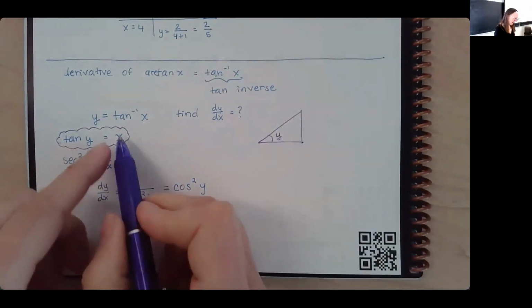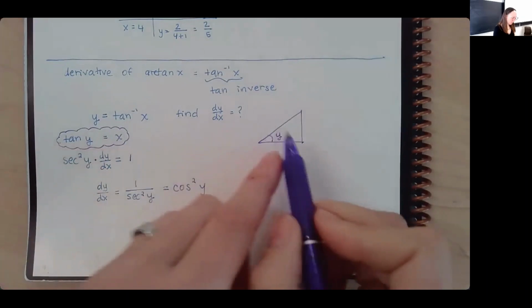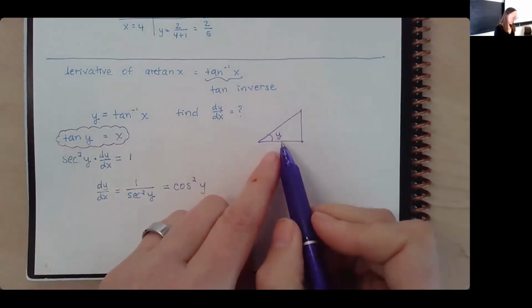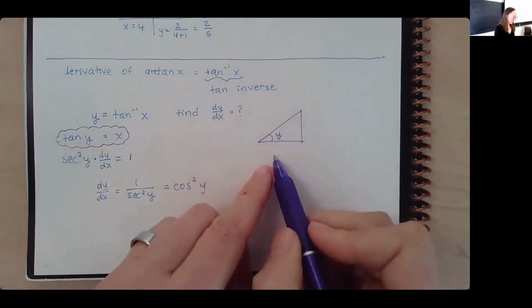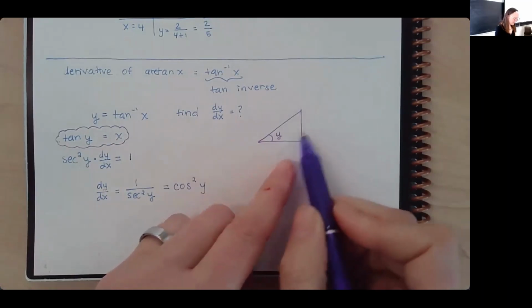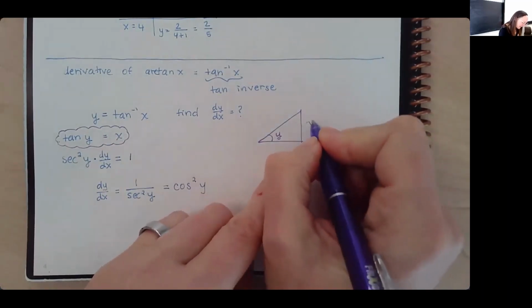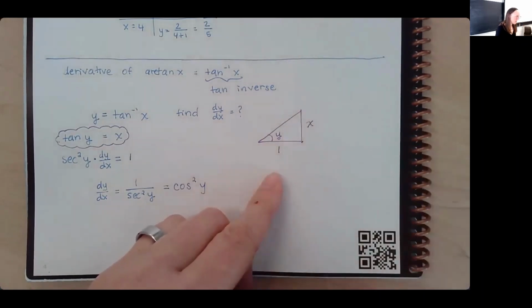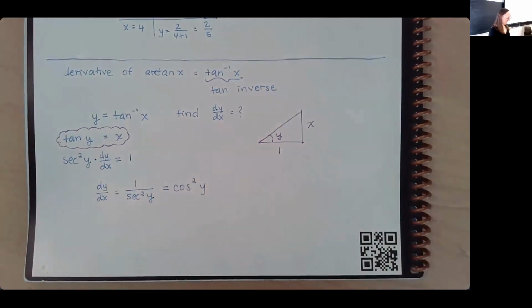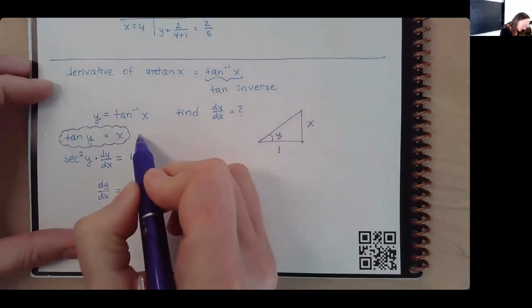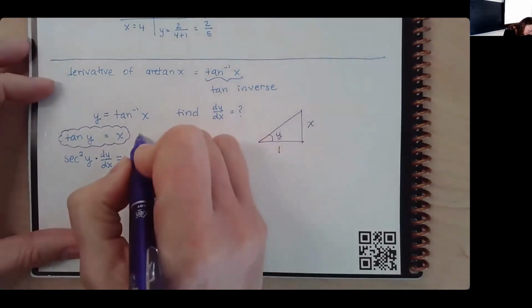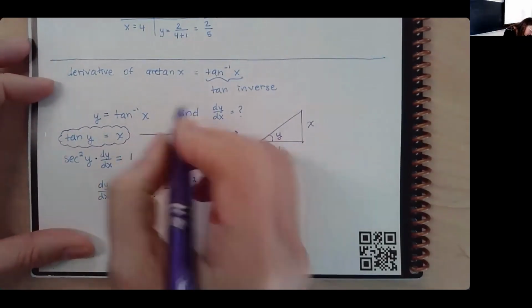Now, if tangent of y is equal to x, then when I move over to this picture, tangent should be the opposite over the adjacent. So that tells me my opposite side is x, and my adjacent side had to be 1, so that this translates to this picture.